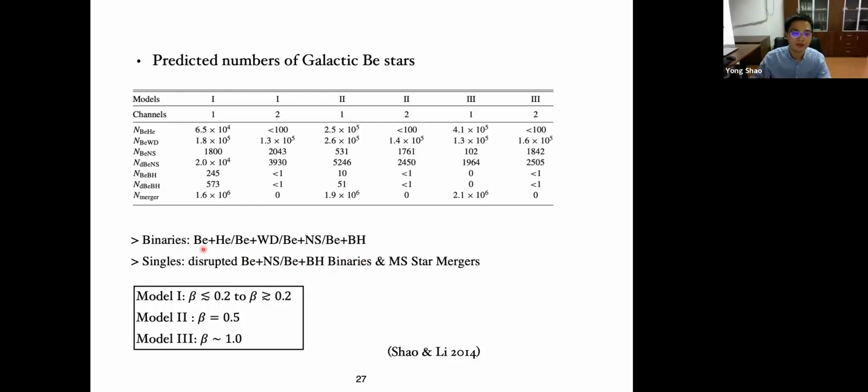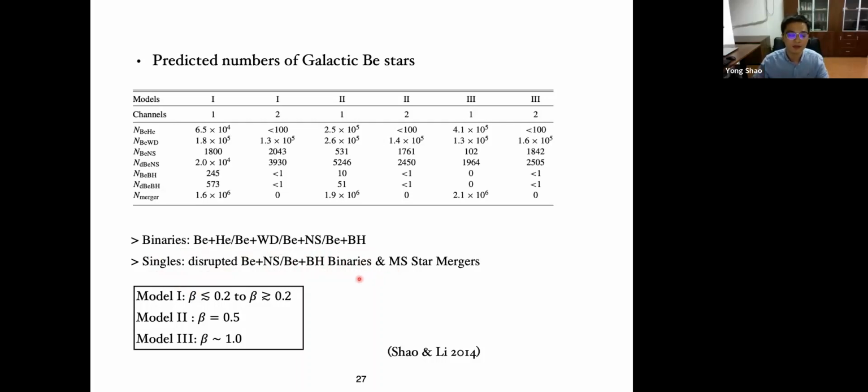There may be Be plus helium star, Be plus white dwarf, Be plus neutron star, and Be plus black hole binaries. We also include single Be stars. They may be from disrupted Be plus neutron star, Be plus black hole binaries due to the supernova kicks.